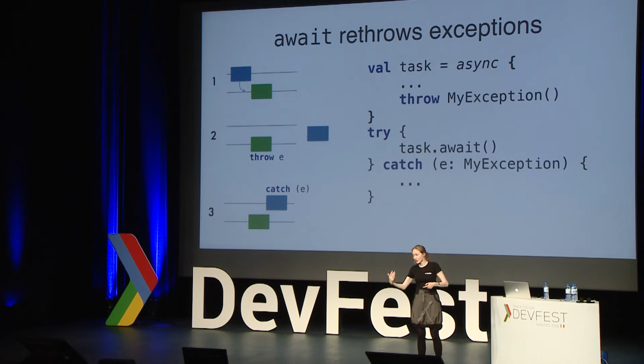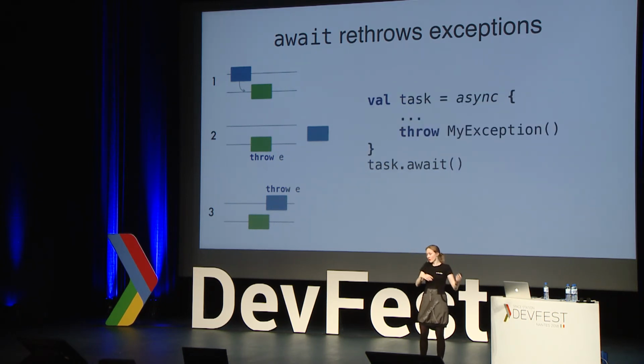Await just rethrows exceptions. If your coroutine throws some exception, you may catch it while calling await. You can simply use a regular try-catch and surround this await function with try-catch to process this exception in the correct way.